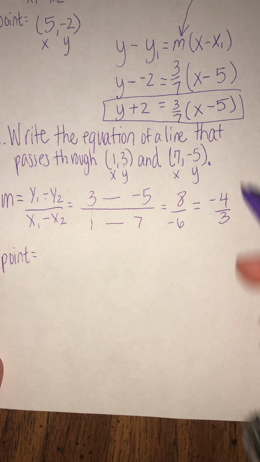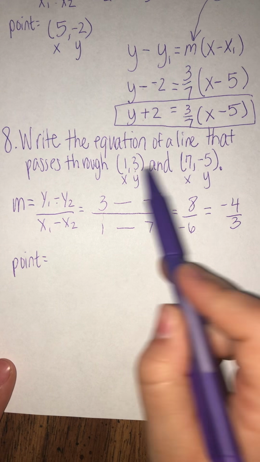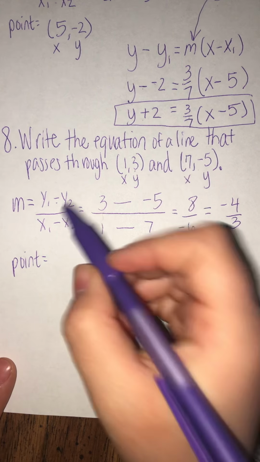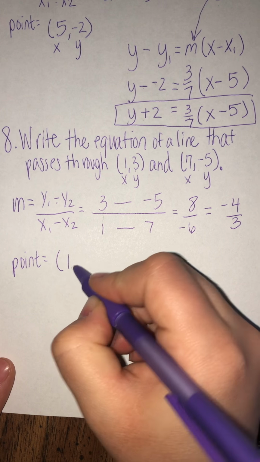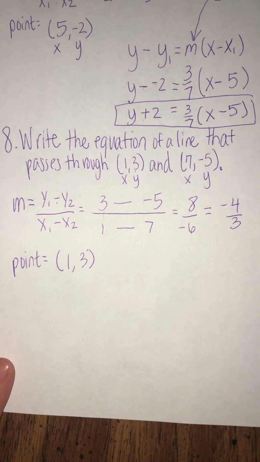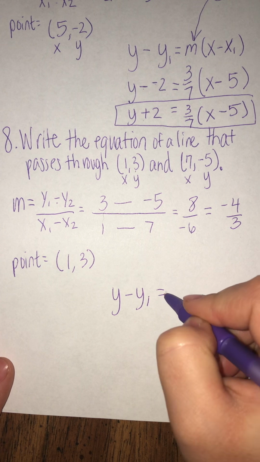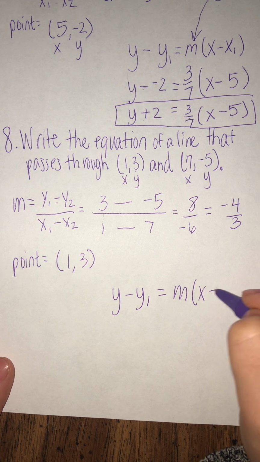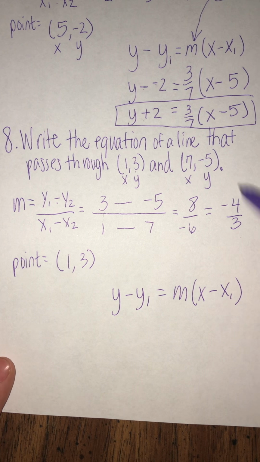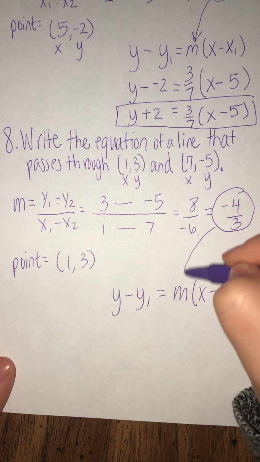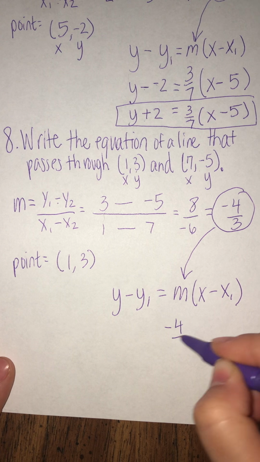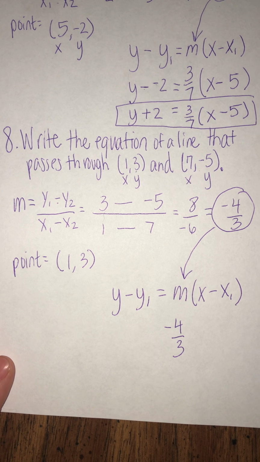So once we have our m, and we take a look at our 2 points, let's use the one that's all positive, just so it's different than the one before. We have everything we need to plug into our point slope formula. Our m is negative this time, keep it that way, don't lose that.